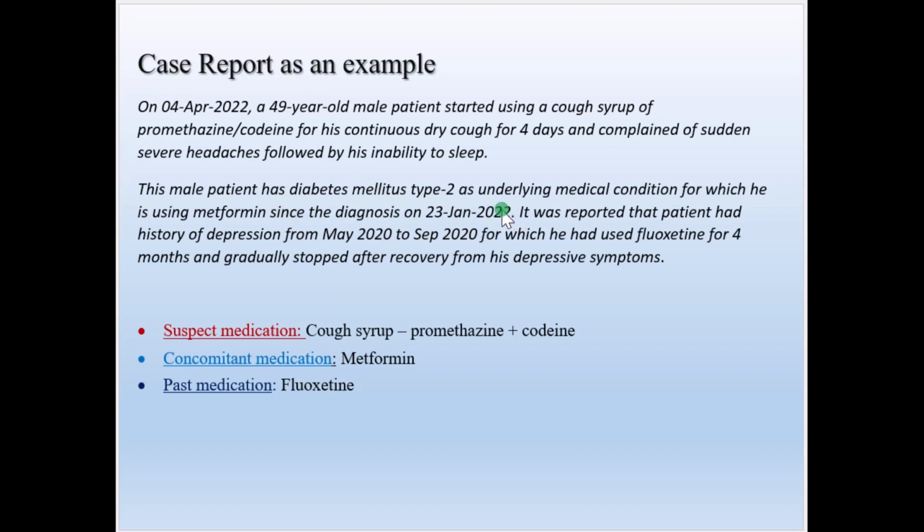Metformin is a concomitant medication, as the patient is using this medicine before the complaints or side effects onset and continuing it for treating diabetes. Fluoxetine is a past medication, as the patient had used this product and stopped long ago in September 2020, before the start of the suspect medication, which was April 4, 2022.